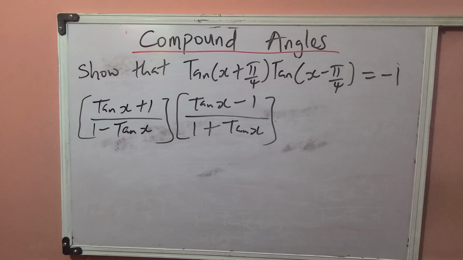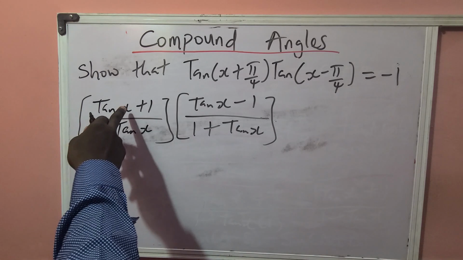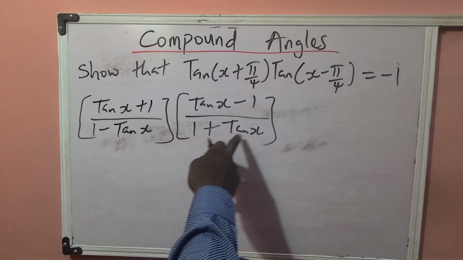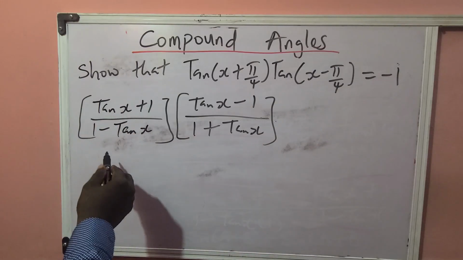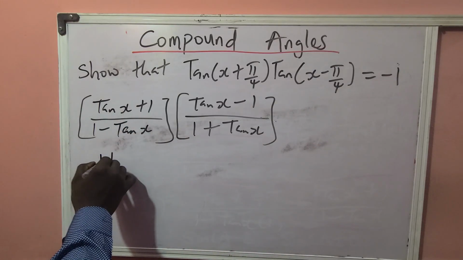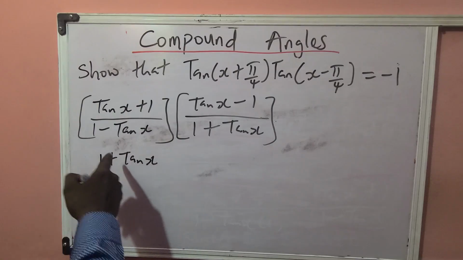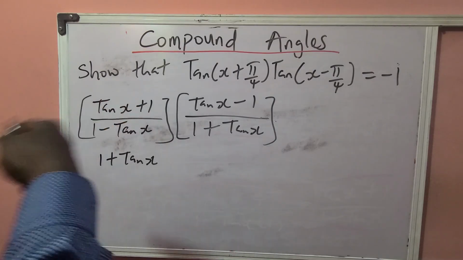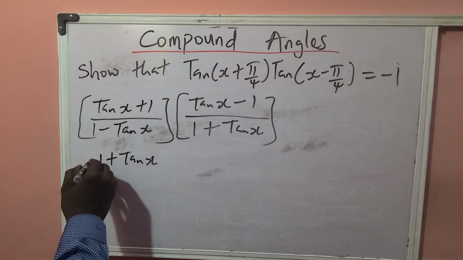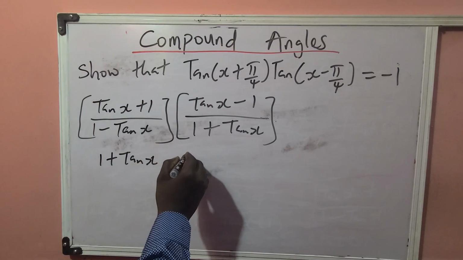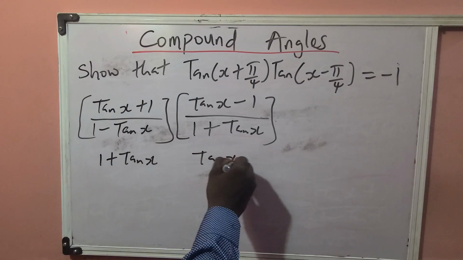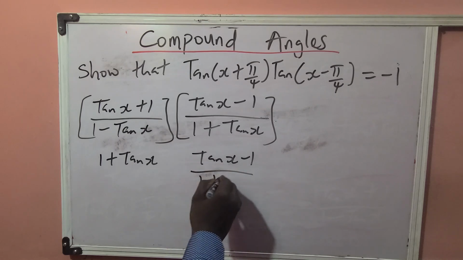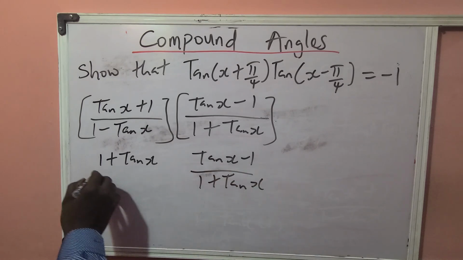You can see that when we have tangent of x plus 1 and 1 plus tangent of x, both of them we can still rewrite as 1 plus tangent of x. We're not wrong. 2 plus 1 and 1 plus 2 is still the same thing. If we're able to do that, one of the things we will see is that these two values can cancel out.